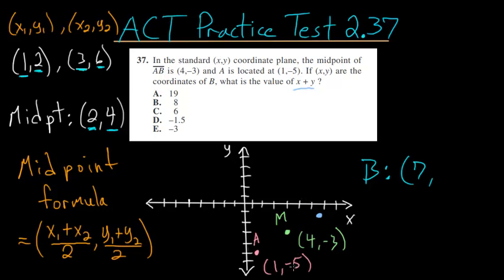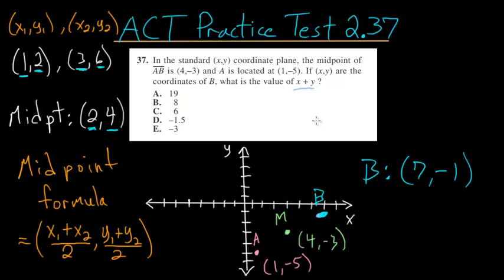And now for the y values, from A to the midpoint, you start at -5 and go to -3, which means you added 2. So if we add 2 to this -3, that brings us up to -1. So the point B would be on the graph at 7, which is here, and -1. So it's more like here, but this is B.